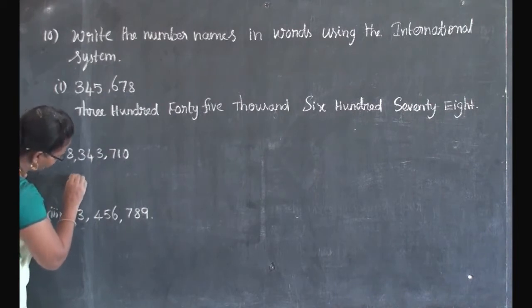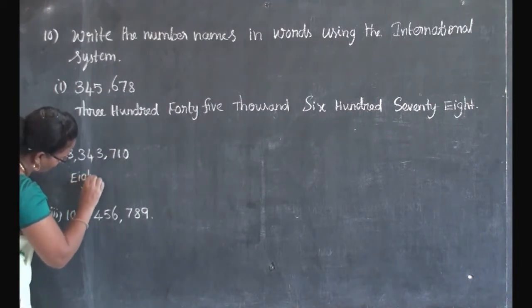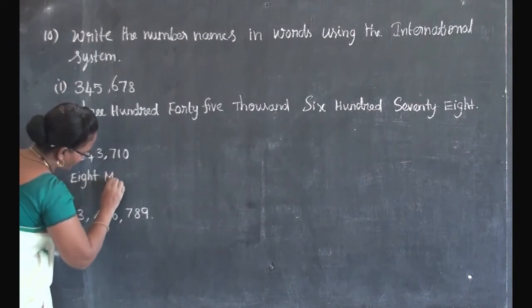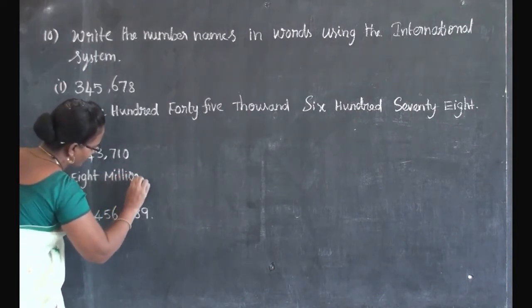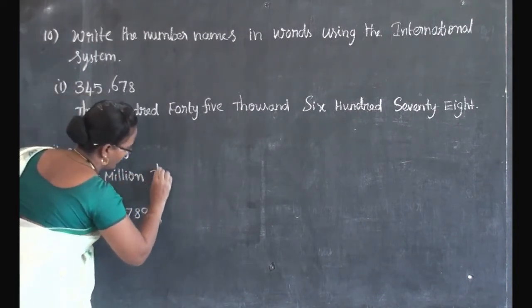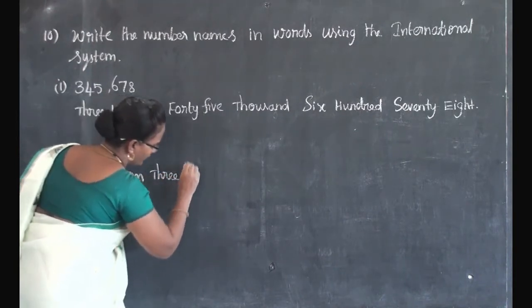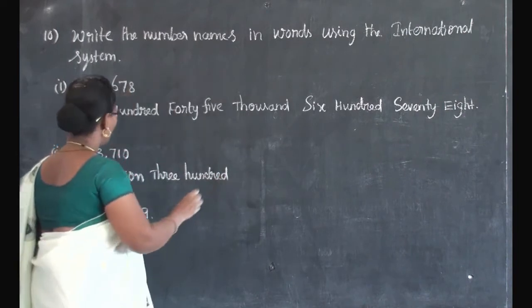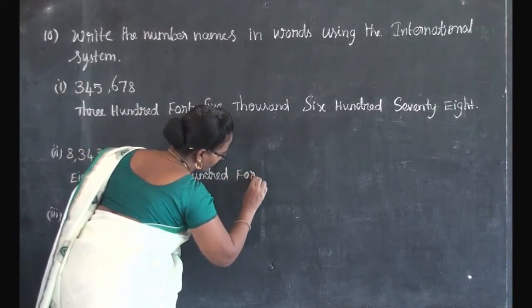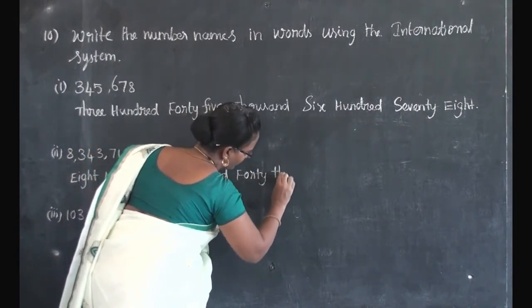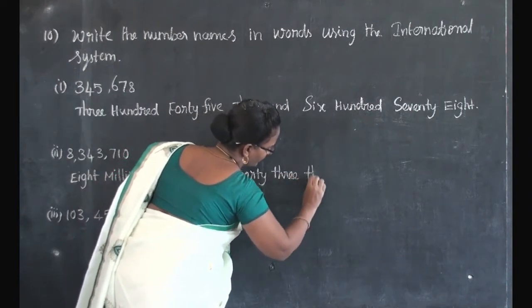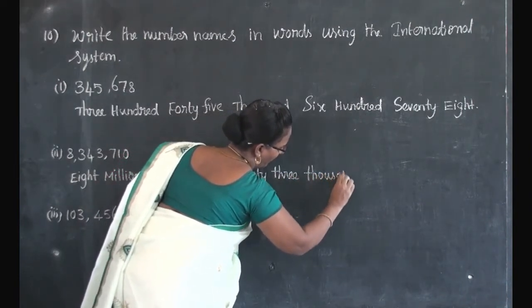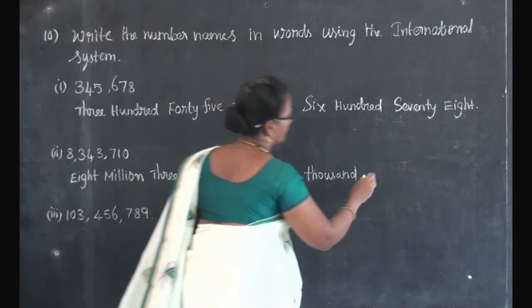Write the name. 8,000,000, 343,000 and 710.